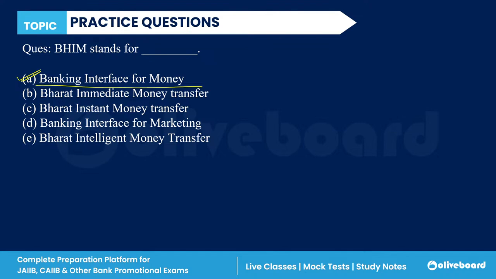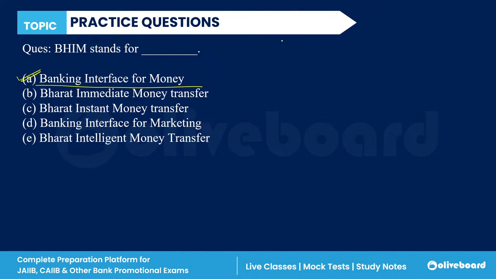Just a second, I am confused. You are saying that BHIM is this. Just a second, guys. Yeah, it is Bharat Interface for Money. That's where I got it wrong, it is not banking, it is Bharat Interface for Money. The options say Bharat Intelligent, Bharat Interface for Marketing, Bharat Instant.